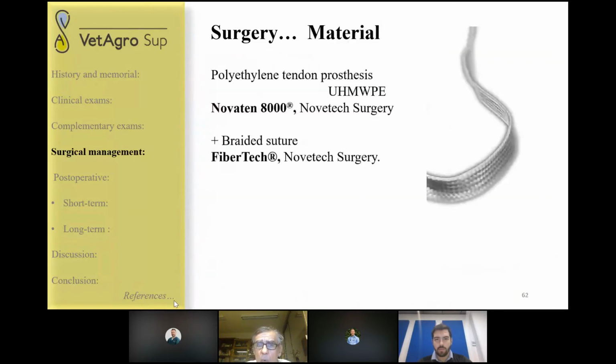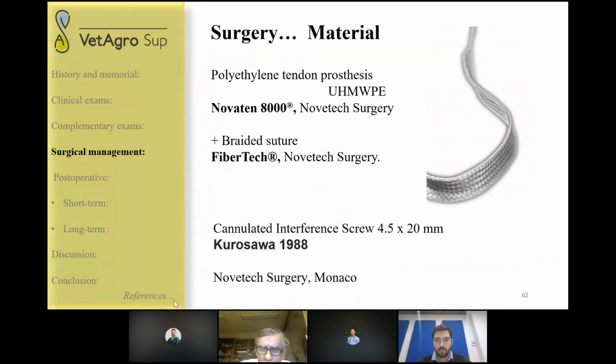Next. So we put a polyethylene tendon. It's an ultra high molecular weight polyethylene, a Novaten 8000. And we use also a braided suture, a FiberTech. And we use also cannulated interference screws.